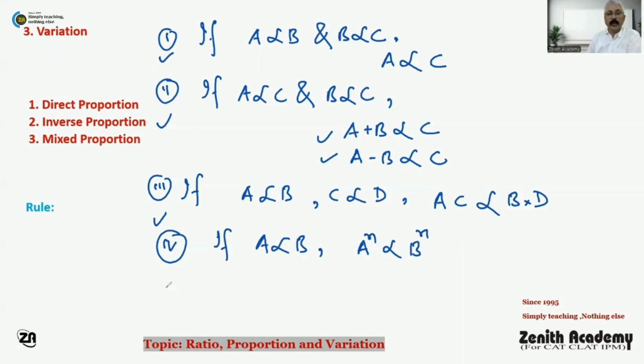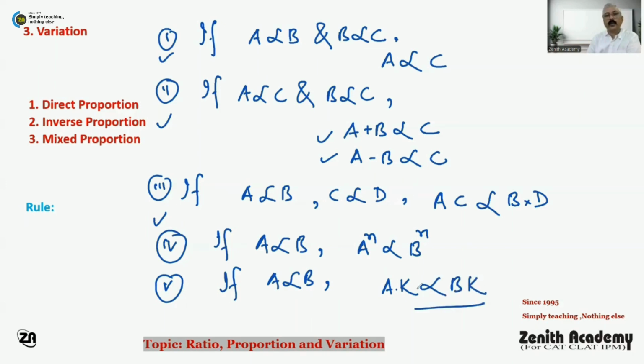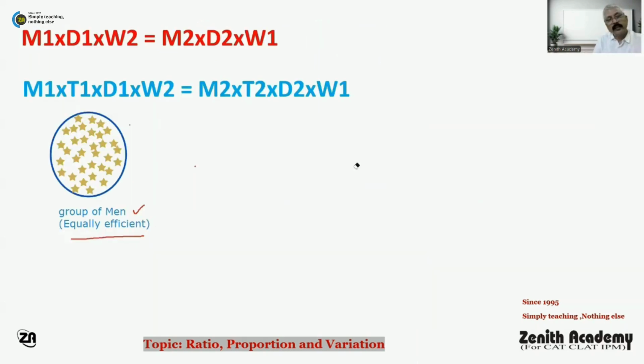Similarly, if A is directly proportional to B, then A into K, this constant, is directly proportional to B into K. So these are some important applications, some important results of variations, and you can use them at the time of calculation. Let us discuss this important formula of variation.